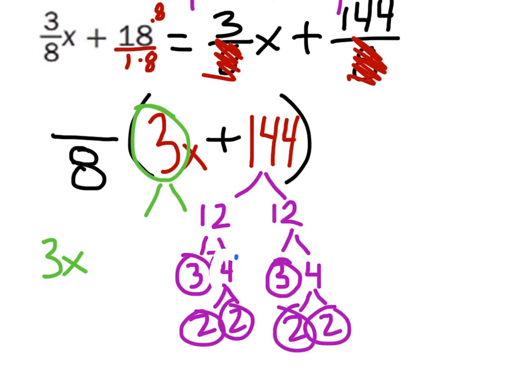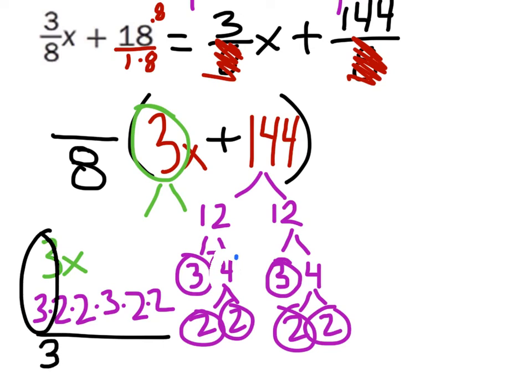All right, so let's write this out. 3 times 2 times 2 times 3 times 2 times 2. All right. Well, 3's are common. 3. What else is common? None. So where does this 3 go? Above the 8. Very good. It goes above the 8, and then we need to figure out what we factored out.